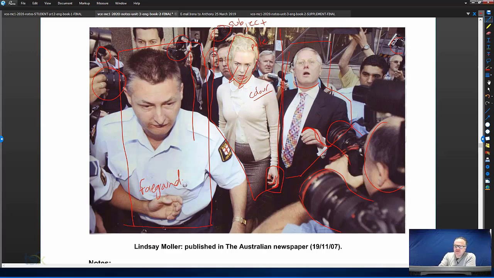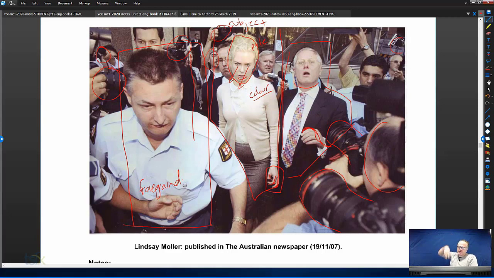If we wanted to talk about the framing of the photo, we've talked about the fact that Kidman is in the center. We've talked about the fact that she's crowded around, on either side, with the paparazzi. But we can also talk about the fact that it's taken from a fairly high angle. If you're looking at my little thumbnail video down there, imagine the photo has been taken from up above her. So it's like the guy in the background there, holding his camera right up high and taking the photo down.